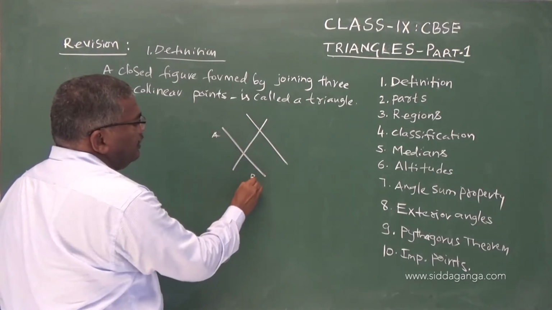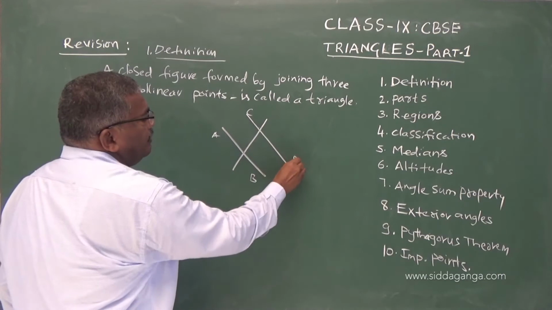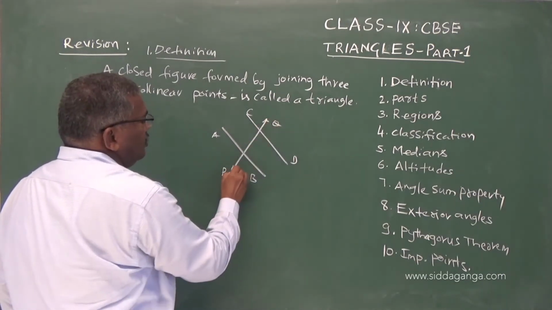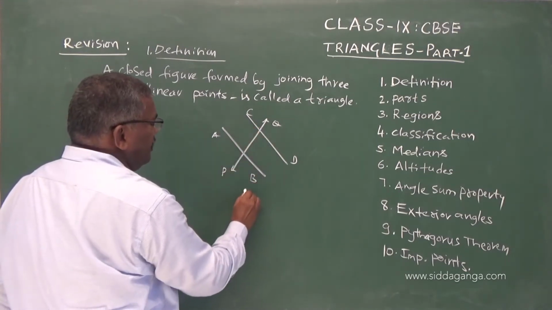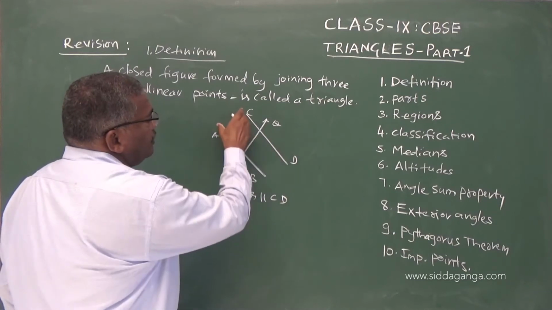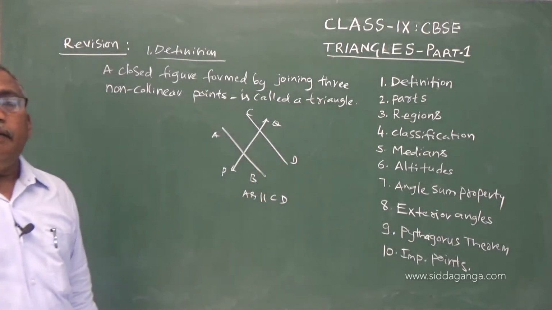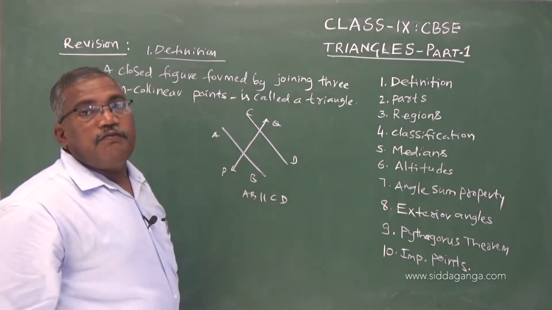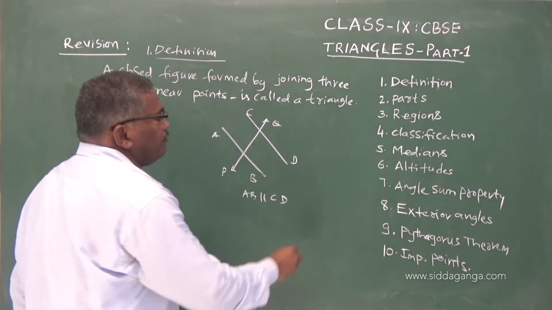This is AB, this is CD, and this is PQ. So these are three lines, AB parallel to CD. These two will never meet each other, so a closed figure will not be formed.